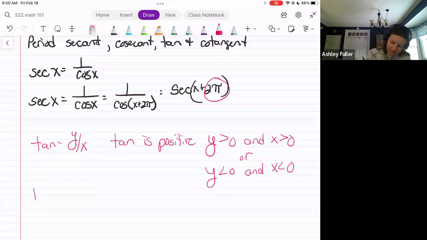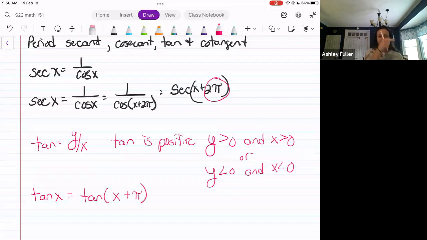And this tells us that the tangent of x is going to be equal to the tangent of x plus pi, as we move back into those quadrants where both x and y are positive or both x and y are negative. So the period of tangent is actually equal to pi.